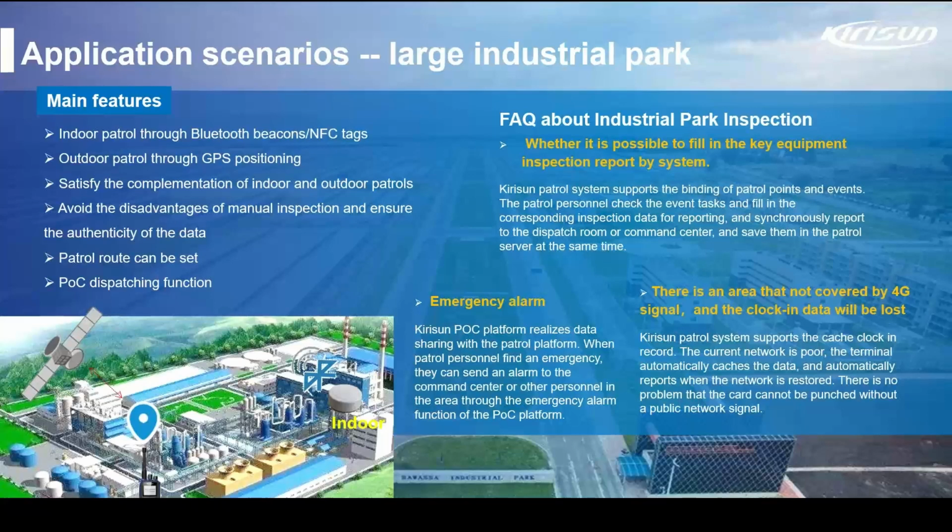And we can set up the patrol routes for the patroller. If there is an emergency, we can also handle it through PoC dispatching. After the patrol, a report will be generated by the system and sent to the administrator weekly or monthly. And it also supports exporting the reports.